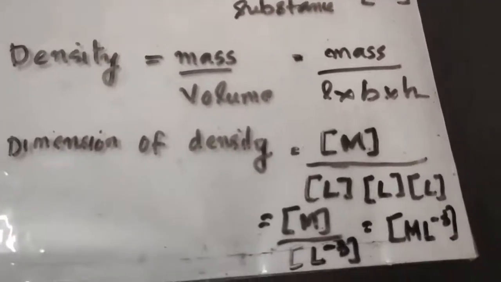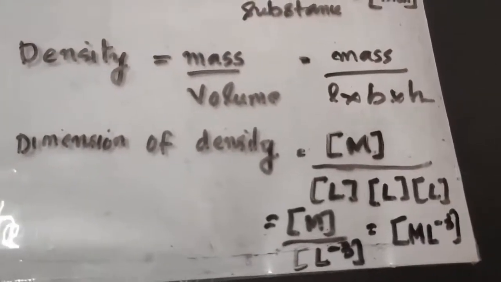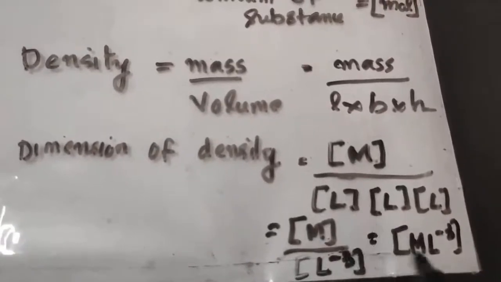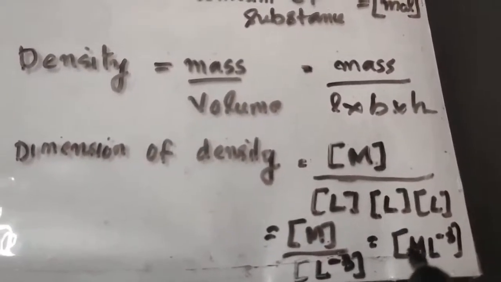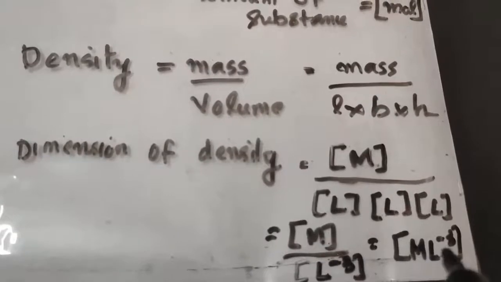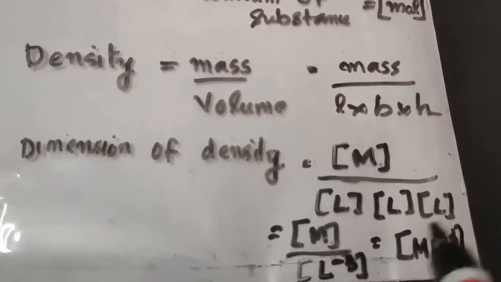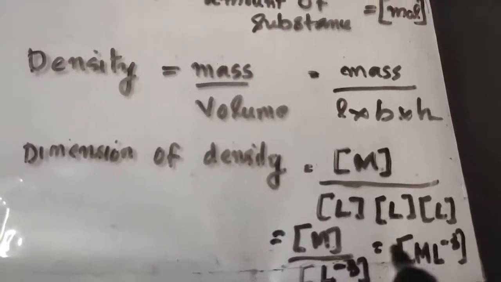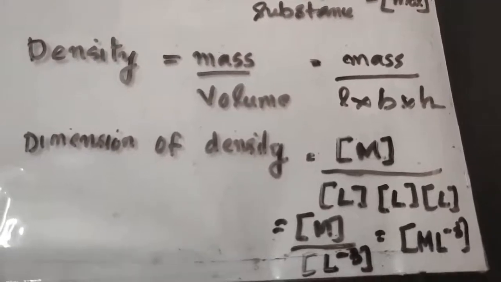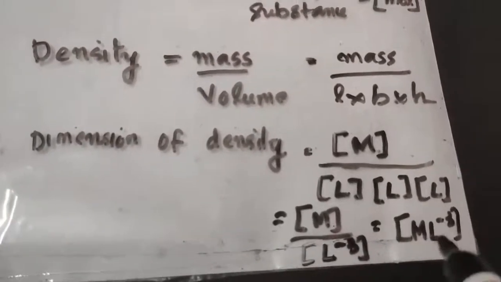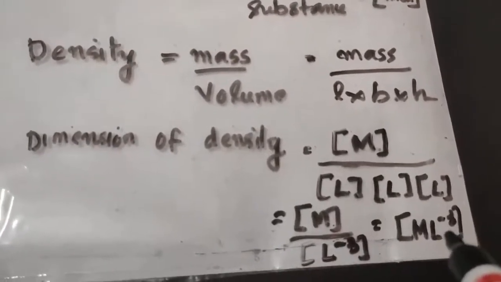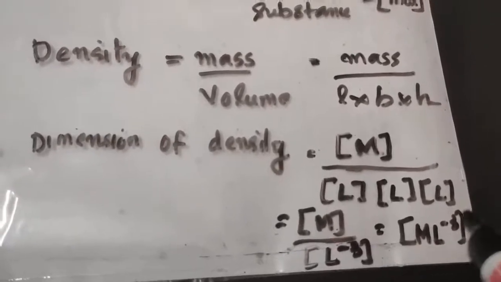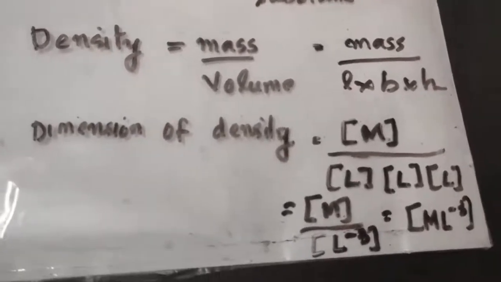And actually the usual pattern is that when we write the dimension of a quantity, we write M, L and T, so all three terms will be included in that equation. But here we don't have the dimension of T. So how can we write that?